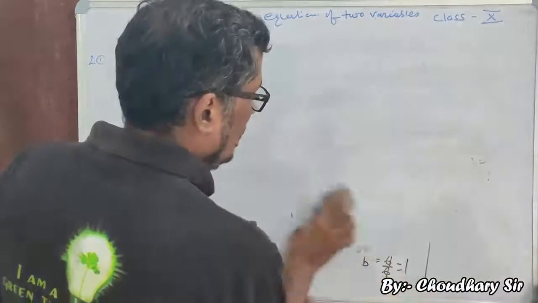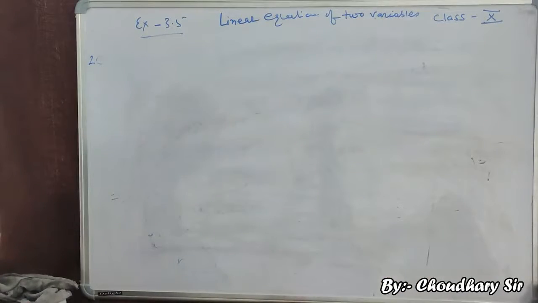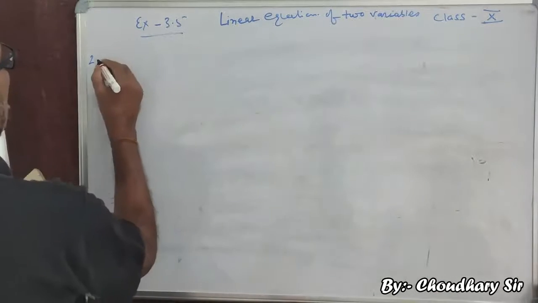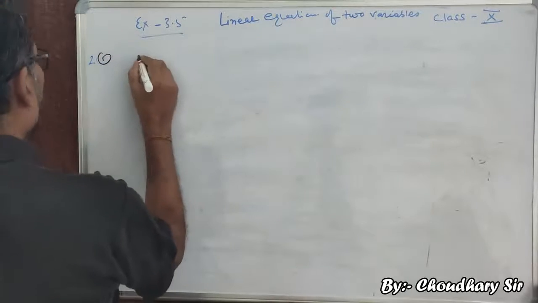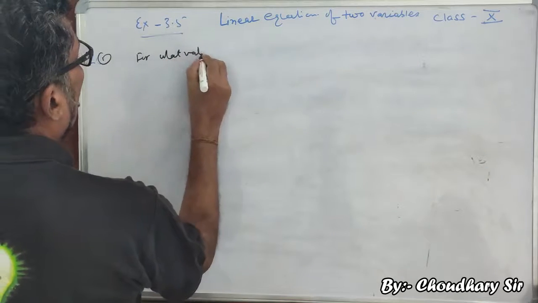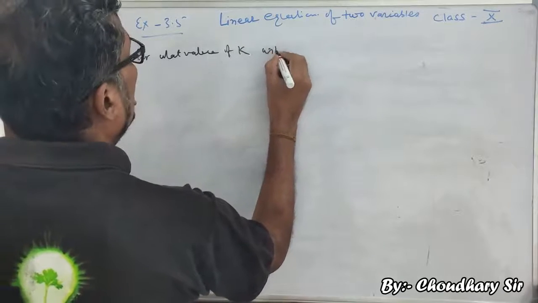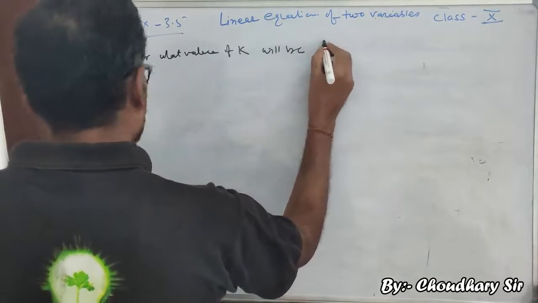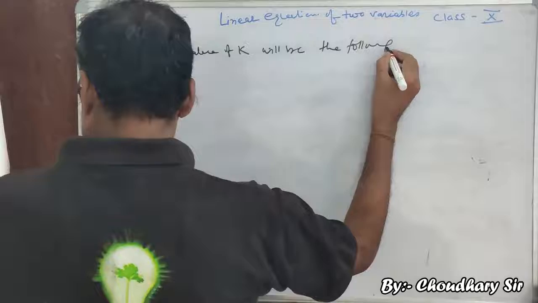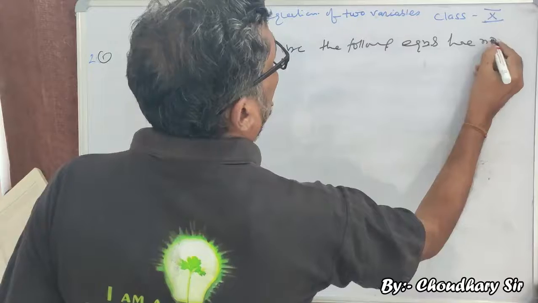Now let's see the second type of question. The question is: for what value of k will the following equations have no solution?